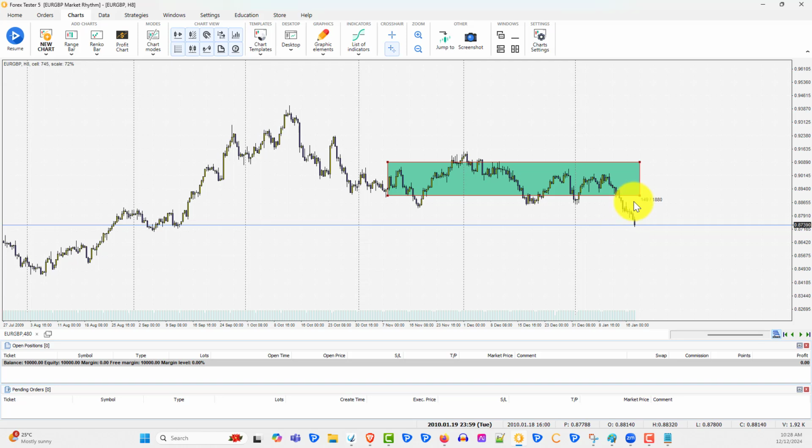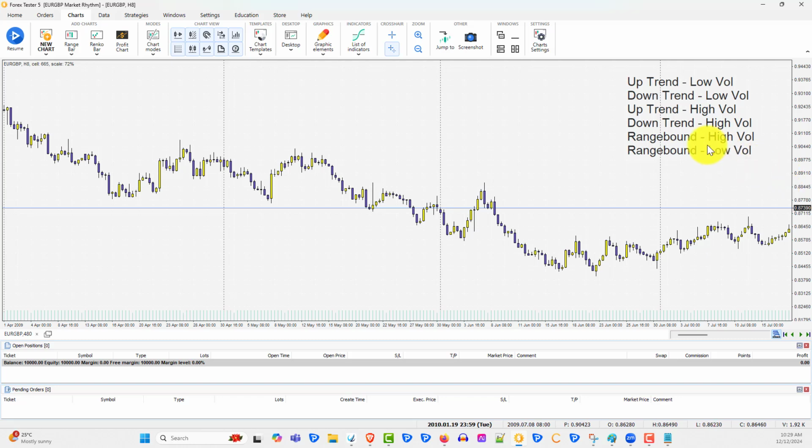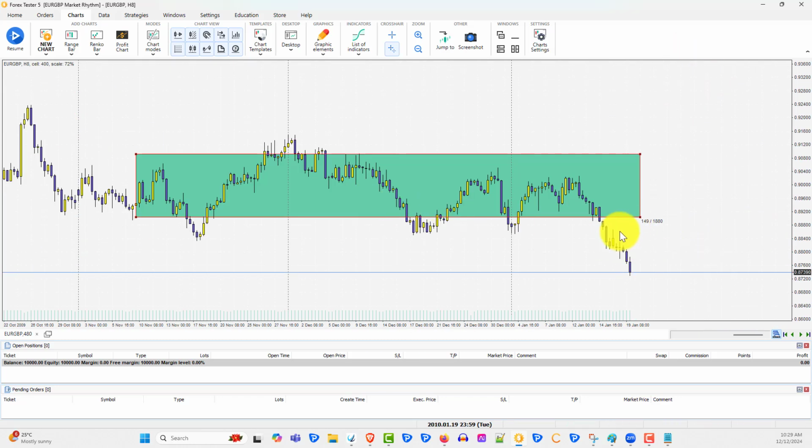So far, you could say it's just a breakout, but it could also be the early stages of a downtrend. And so far, we have low volatility because our pullback was just a sideways chop. The principle is, if you're looking at a high volatility trend, the pullbacks are going to eat into the trending candles.